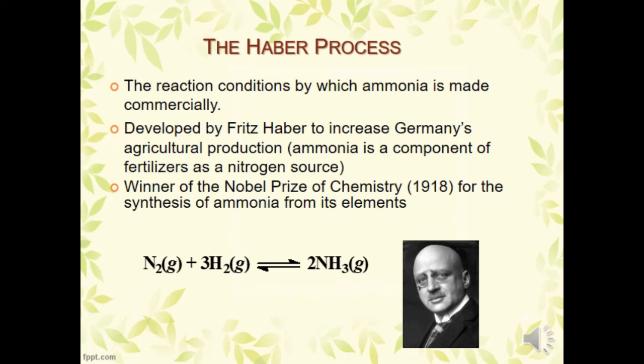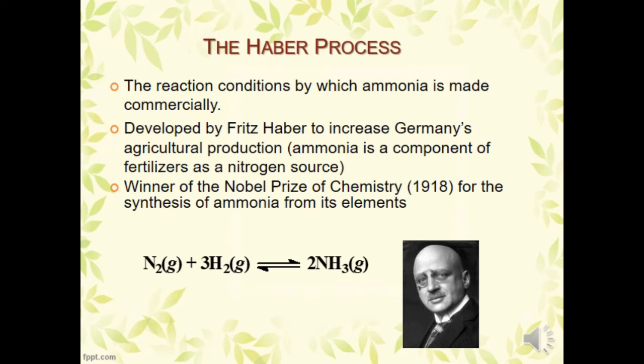So back in the 19th century, nitrogen rich fertilizer was used from bird manure, but it was predicted that at one point the world will run out of it, a shortage of nitrogen.